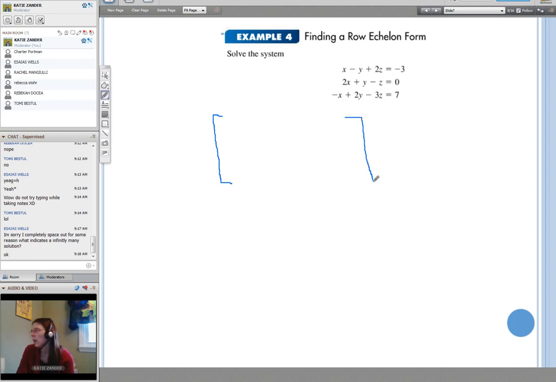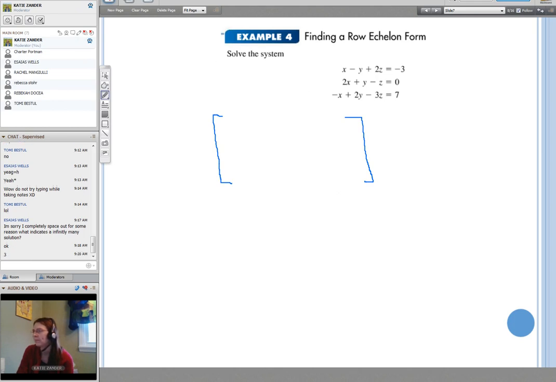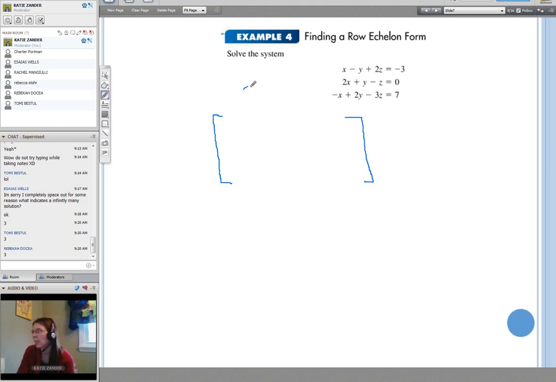How many rows are going to be in my augmented matrix for this system? Three, because that's how many equations there are. And how many columns are there going to be? 4. Very good.